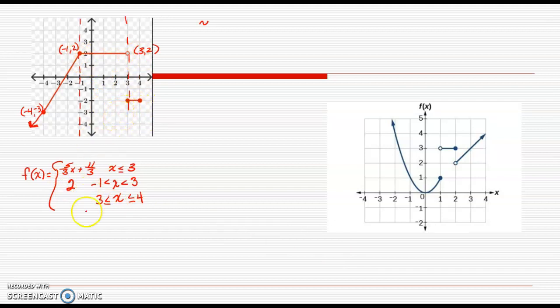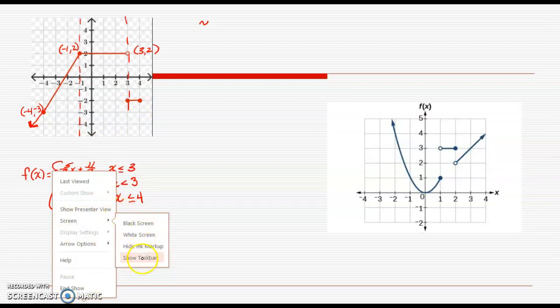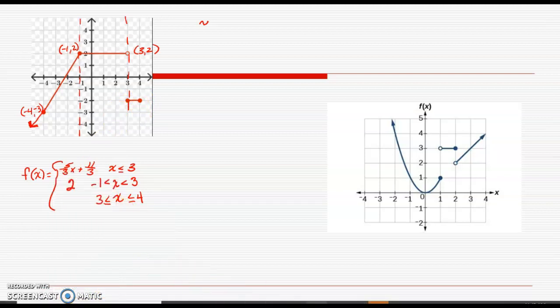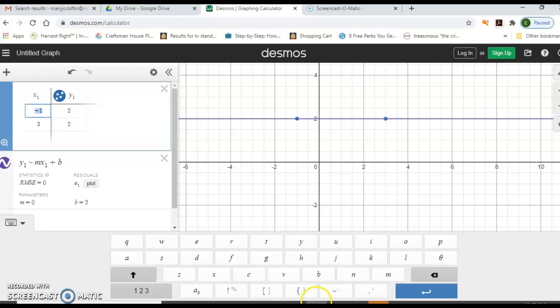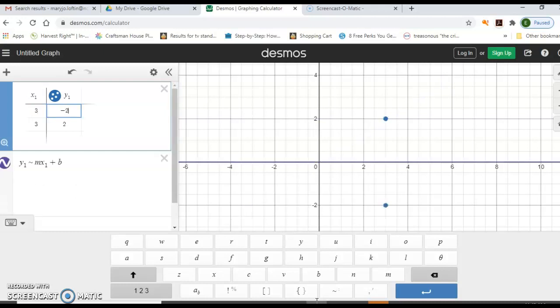On the last one, you've got 3, -2, and 4, -2. And you can fill that in as well. Okay. 3, -2, and 4, -2.